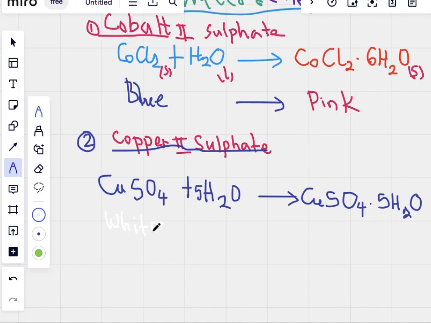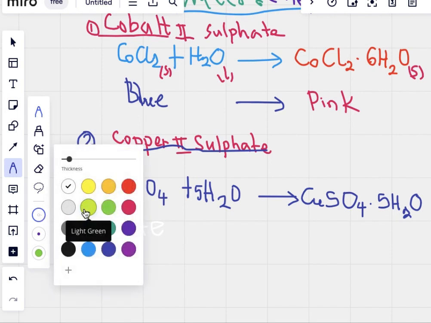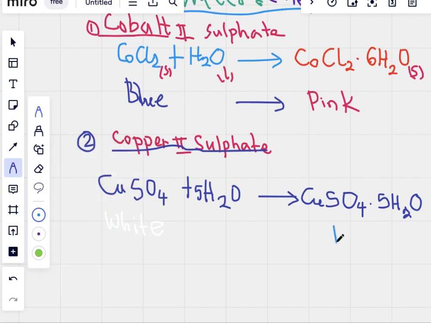I just wrote white with white color. The color change will be from white to blue.